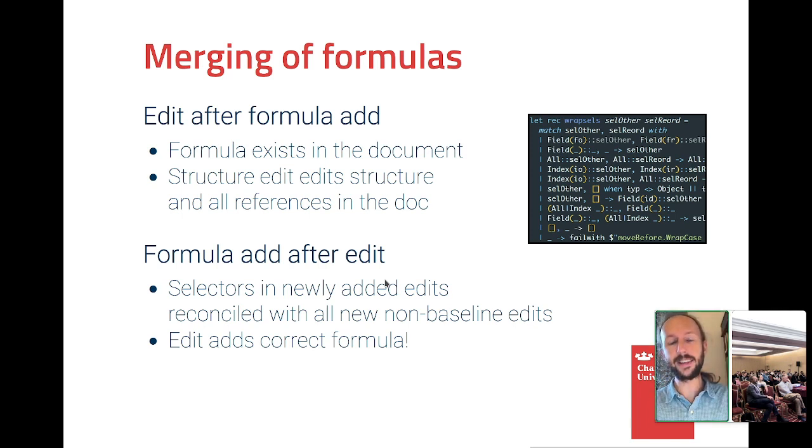You also need to handle the case where you change the document, but then you add a formula that was written based on the original version of the document. In this case, you need to edit the formula behind the scenes as it gets inserted.